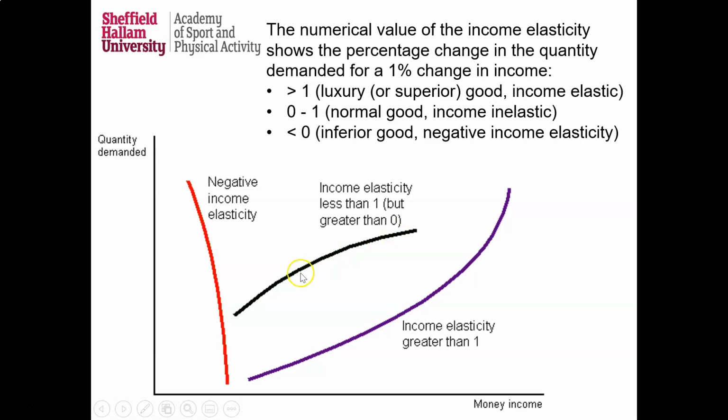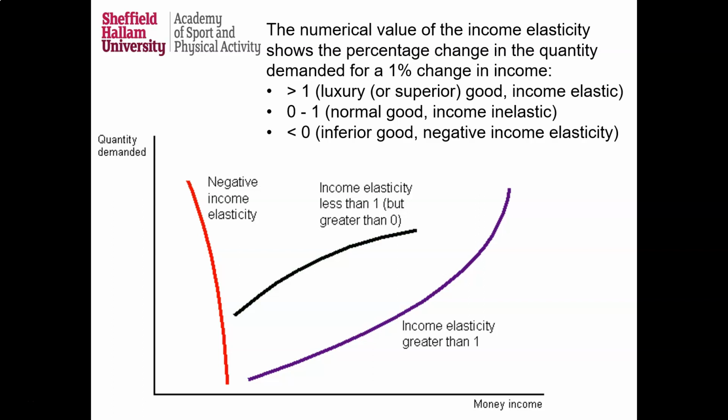So income elasticity is less than 1, but greater than 0. So for a normal good, as incomes rise, consumers will spend more on the good, but it won't necessarily keep up with the rise in incomes.